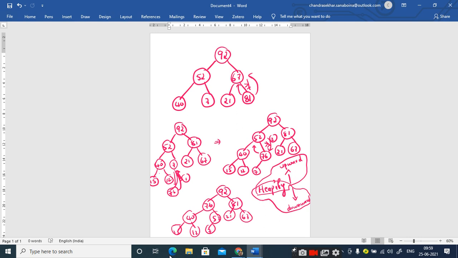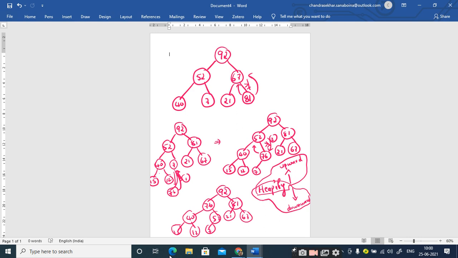Anything is possible, but mostly while constructing the heaps we use heapify upward, and while doing heap sort the heapify function is done in the downward direction. The simple and important point you should remember is that heapify is a function which is used to implement the heap property. Is it clear up to this point?